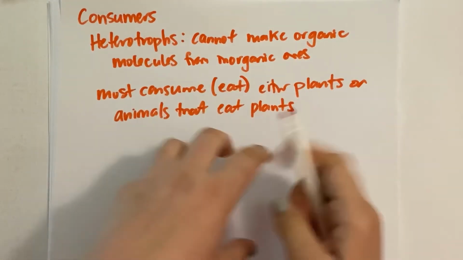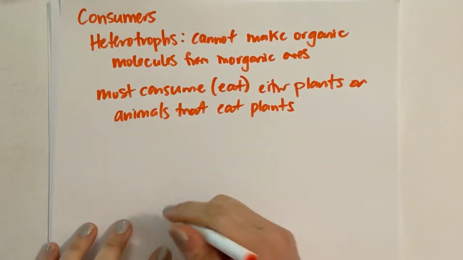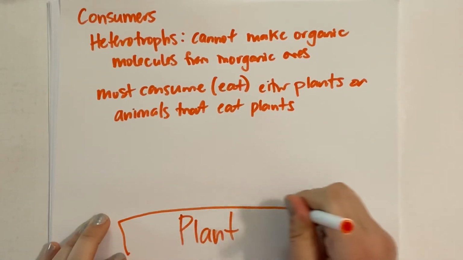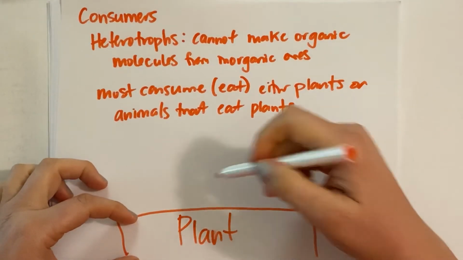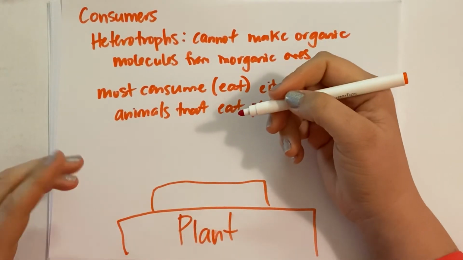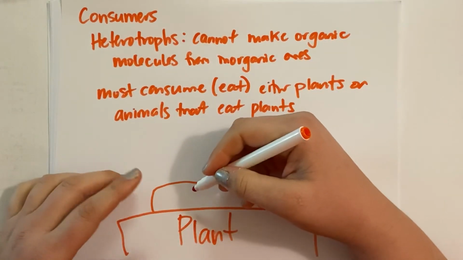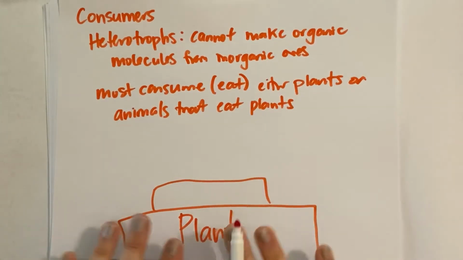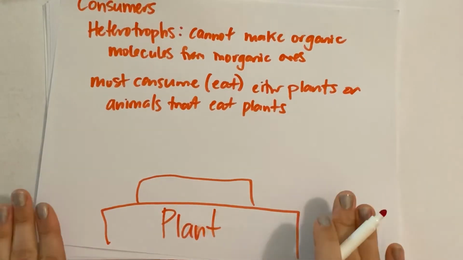Plants are the bottom of this. They are the major source of food. On top of that, we can have other groups, like herbivores, and then carnivores up here on top. But the plants are going to support all of the consumers.